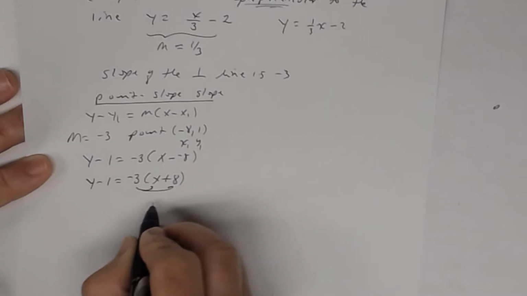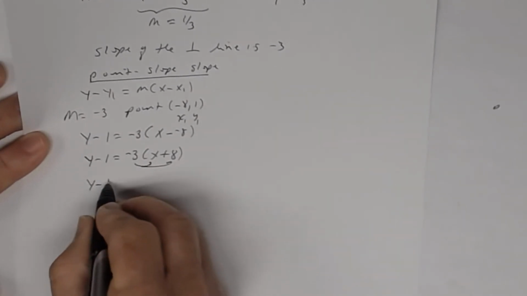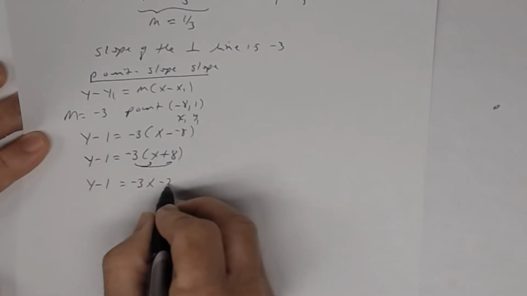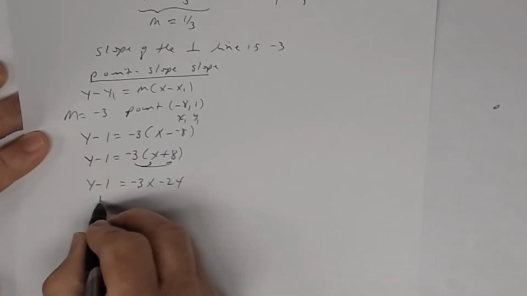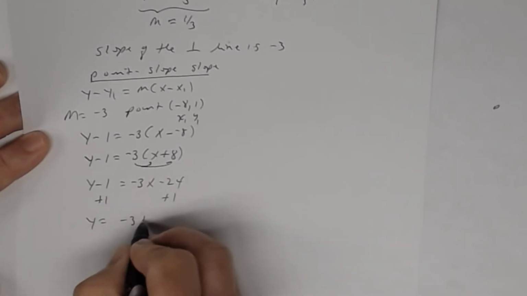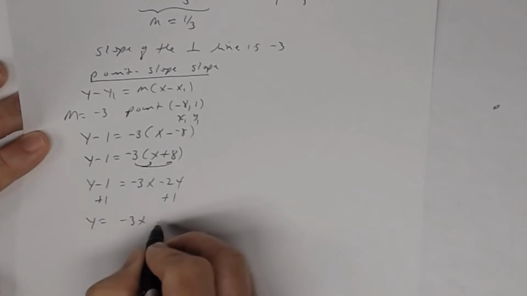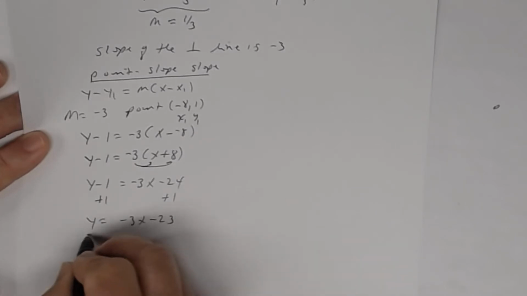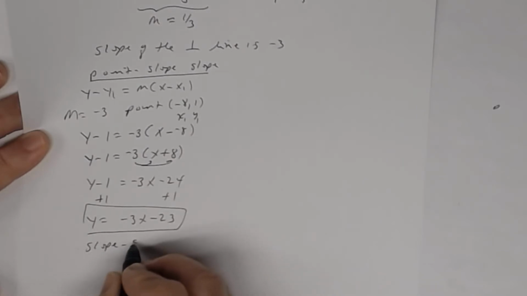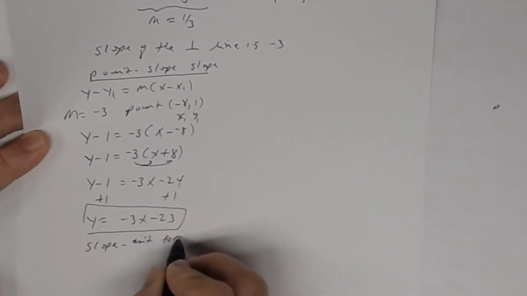Then distribute. Y minus 1 equals negative 3x, and then negative 3 times 8 is a negative 24. Getting y by itself, we're going to add 1 to both sides. So I get y equals negative 3x, and then negative 24 plus 1 is a negative 23. So there's the equation of the line in slope-intercept form.